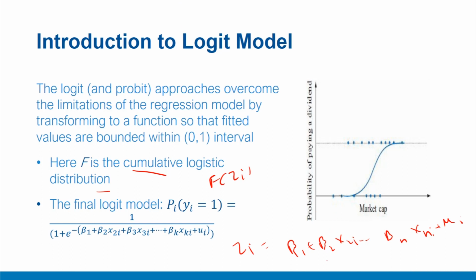This is the same expression as we saw in the case of linear probability modeling, only now we have transformed this into the cumulative logistic distribution or logit function, which is probability of yi equal to 1 is equal to 1 upon 1 plus e to the power minus zi, where zi is this expression. So this is a sort of non-linear transformation of the original linear probability model.